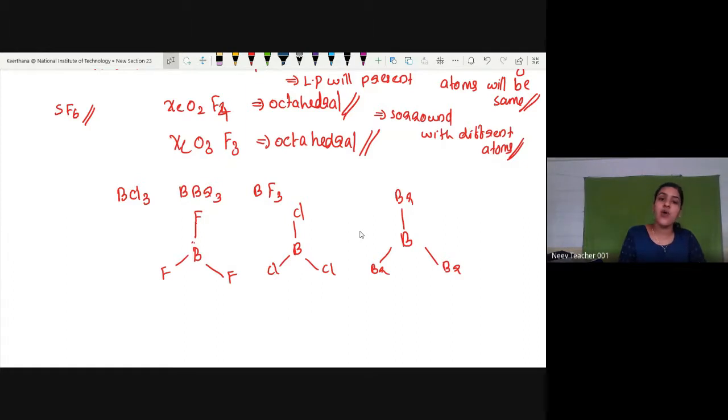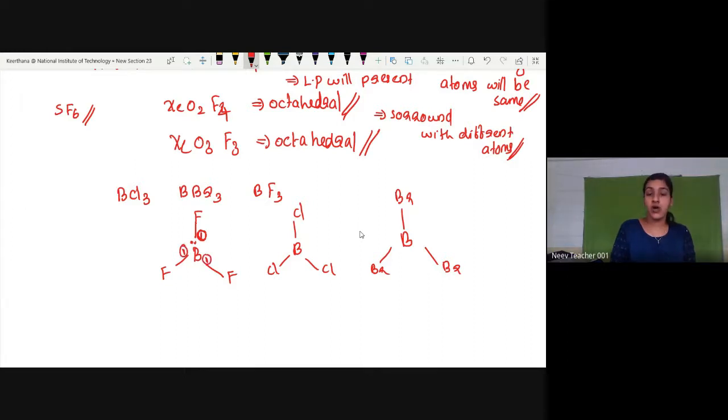Just assume this is an ideal, imaginary case, and I'm giving a value to the electron density. Since fluorine is highly electronegative, it attracts the electron cloud towards fluorine, and let's take the electron cloud density as one value for each bond.